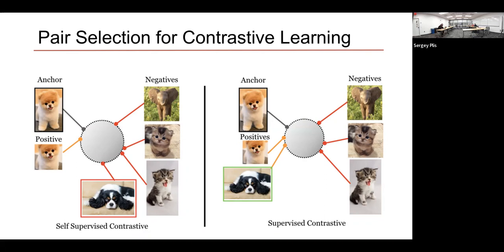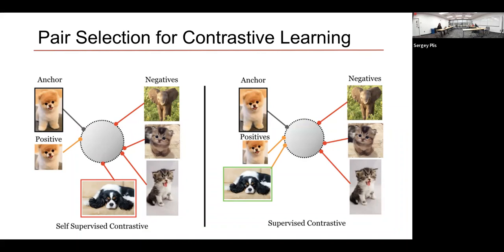But if we use label information from the same batch, the samples from the same class may form multiple positive pairs. For example, on the right-hand side, we can see that the positive pairs can be formed by data augmentation and also by taking samples from the same class.